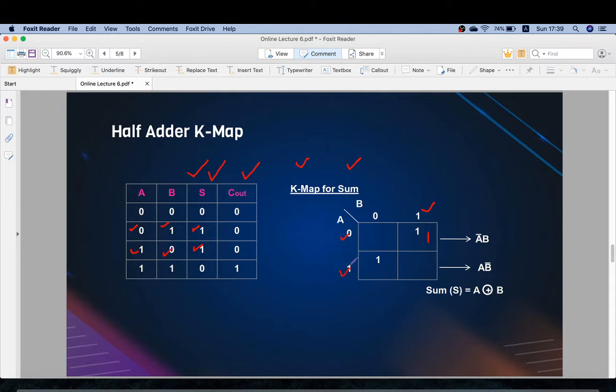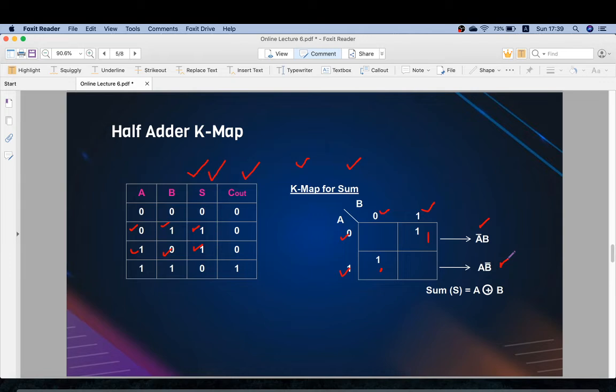So here it is 1 and 0, so one variable for the sum will be in this cell. What will be the function for this? A bar B. And what will be the function for this? A B bar.